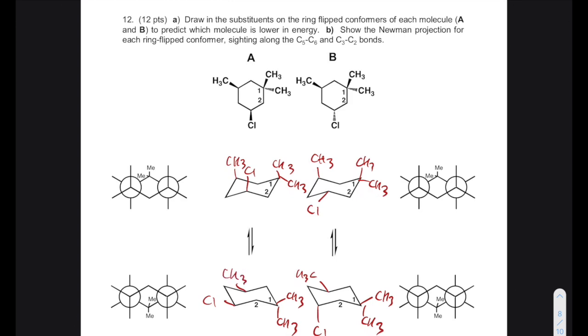And it's pretty straightforward to fill in the Newman projections on the right and the left. I won't fill in all the hydrogens, but I'll just fill in all of the important substituents, the chlorine and the methyl.